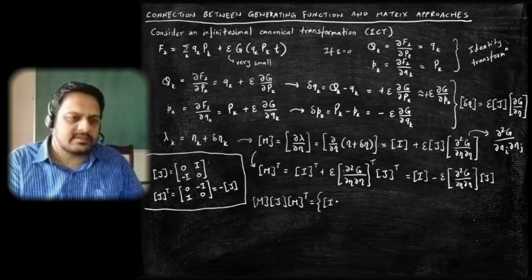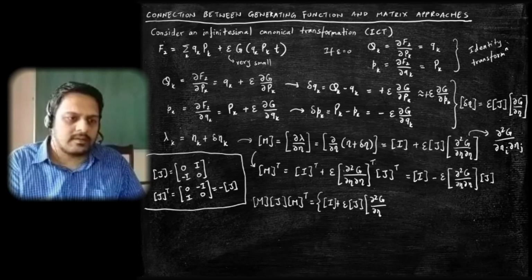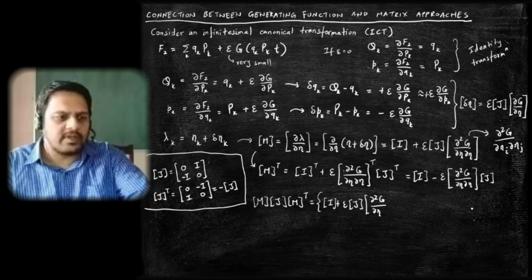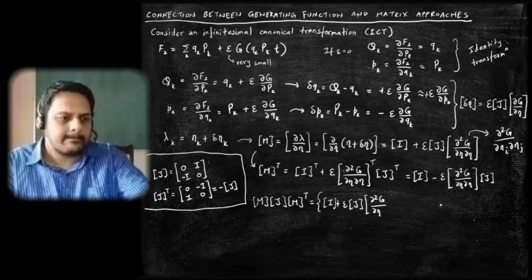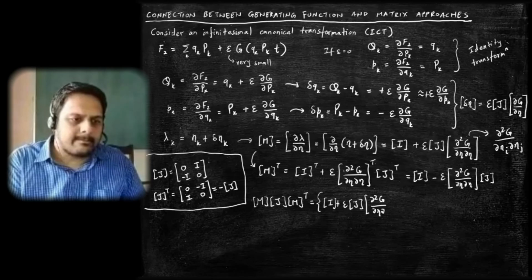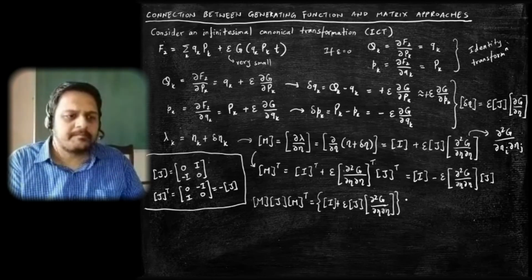M is identity plus epsilon J... Actually, let us do this.